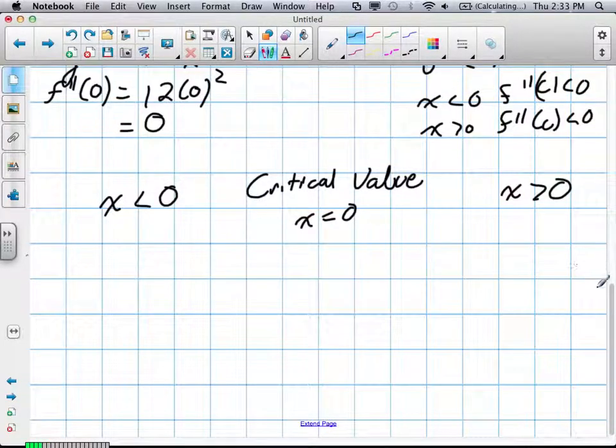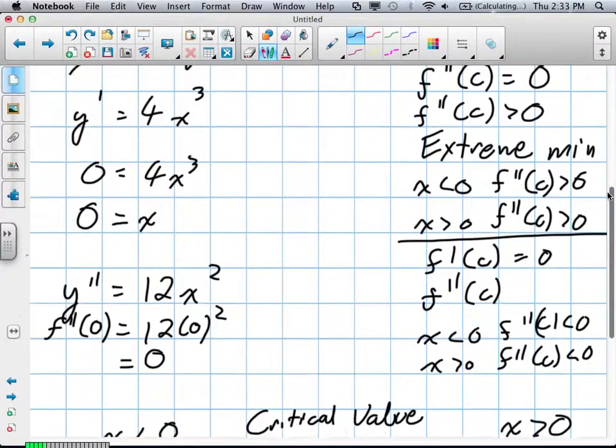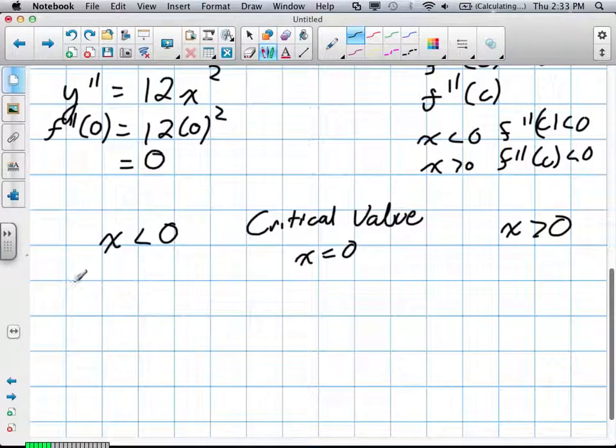Well, when x is less than 0, we have a negative term. We put into our original function, f of x, which was here we go. When x was less than 0, are we going to get a positive or negative answer? Positive, right? It's an even number exponent, so we're going to end up with a positive number.